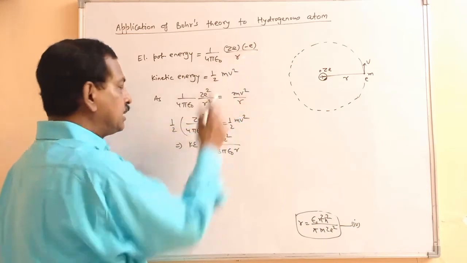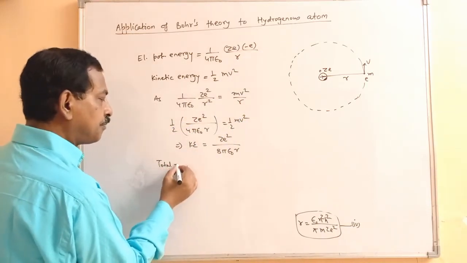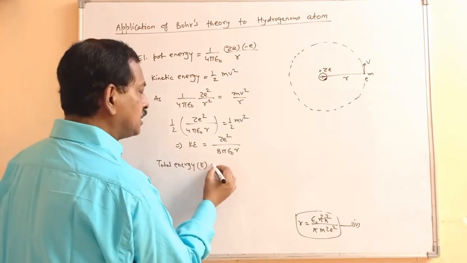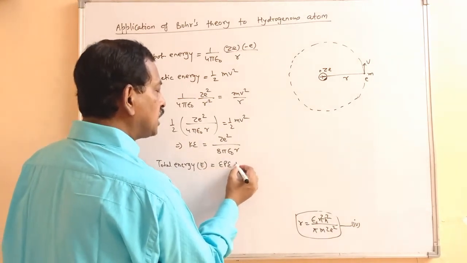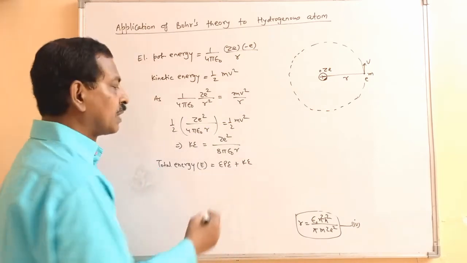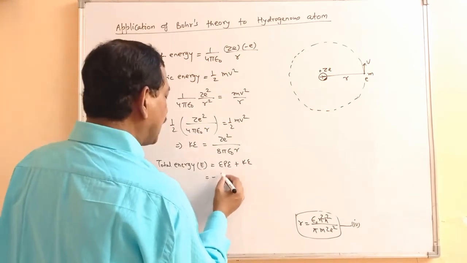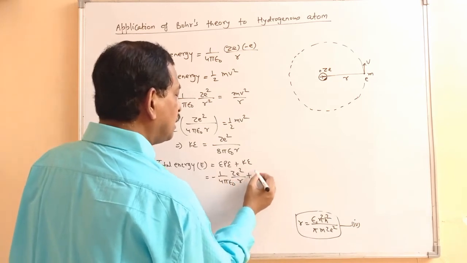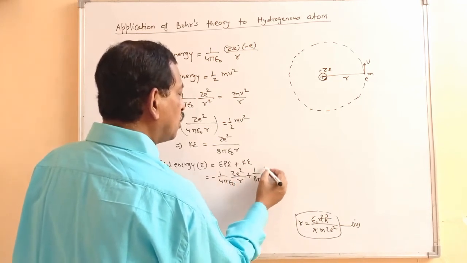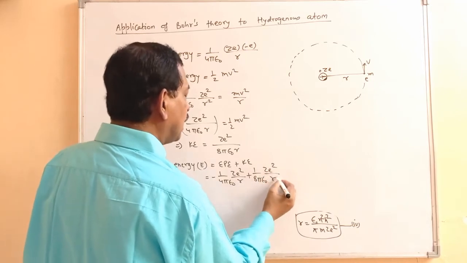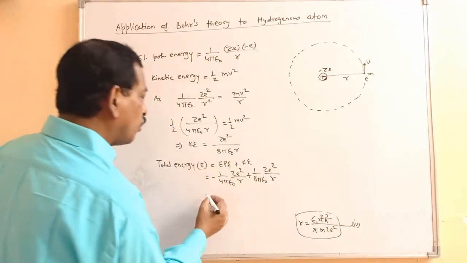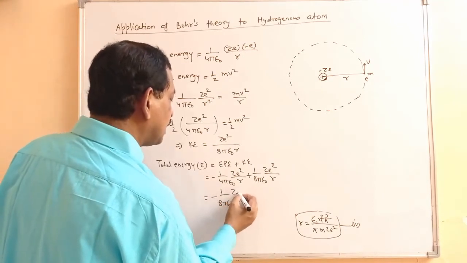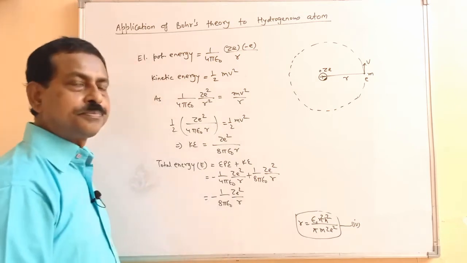Potential energy we have taken here. So the total energy, if you take and represent it as E, is electrostatic potential energy plus kinetic energy, which equals minus 1 by 4 pi epsilon naught Ze square by r plus 1 by 8 pi epsilon naught Ze square by r from kinetic energy. What we get here is minus 1 by 8 pi epsilon naught Ze square by r.